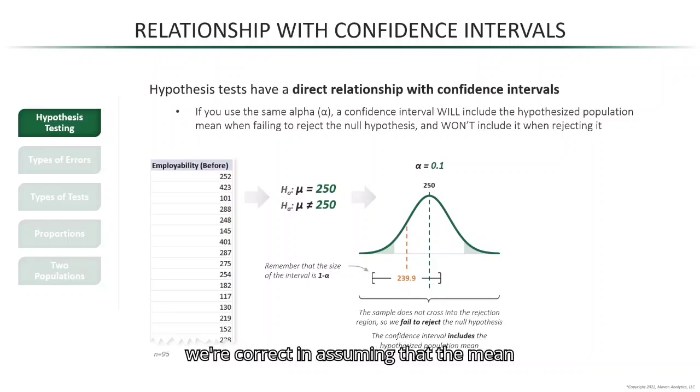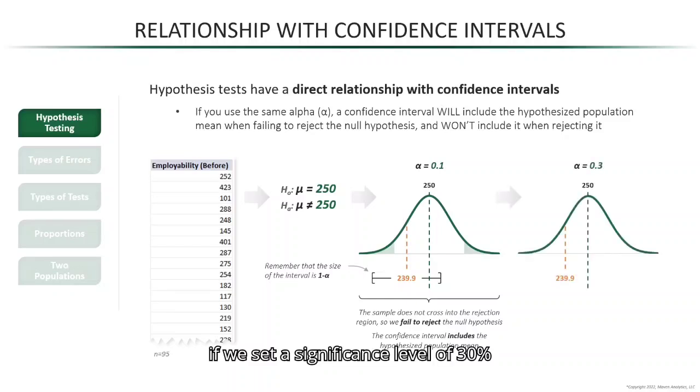For all we know, we're correct in assuming that the mean is 250. And the confidence interval includes the hypothesized population mean of 250. So even if we had done this instead of calculating a p-value, we'd come to the same conclusion. We have no reason to believe that the mean isn't 250, since it's part of our estimate.